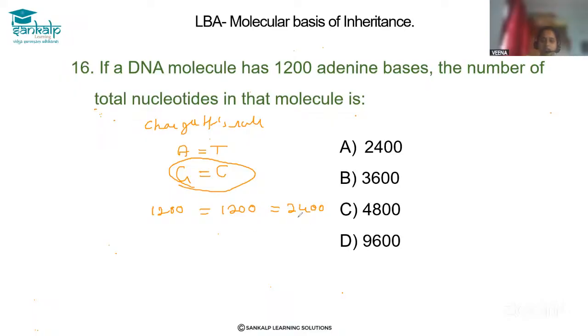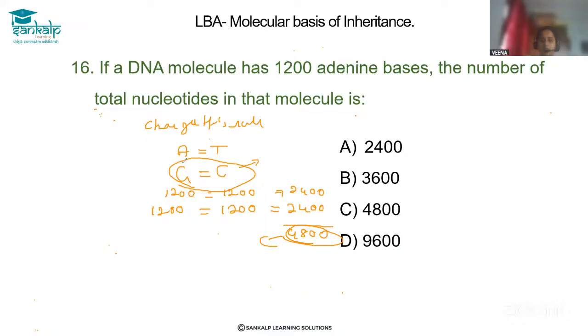We cannot predict GC directly, but if we assume it also contains 1200 each, it becomes 2400, so the total becomes 4800.